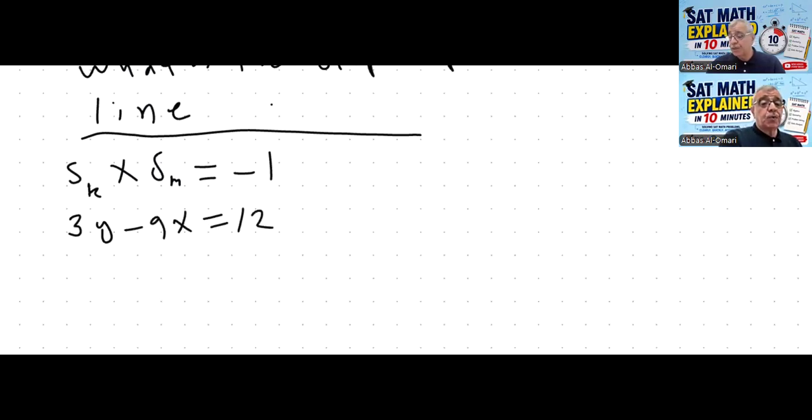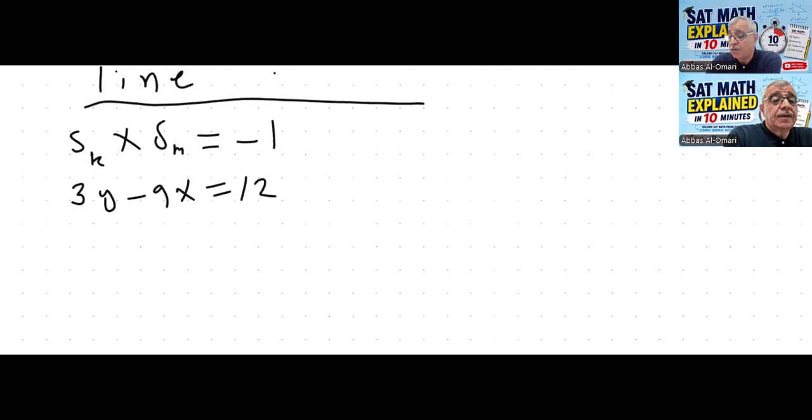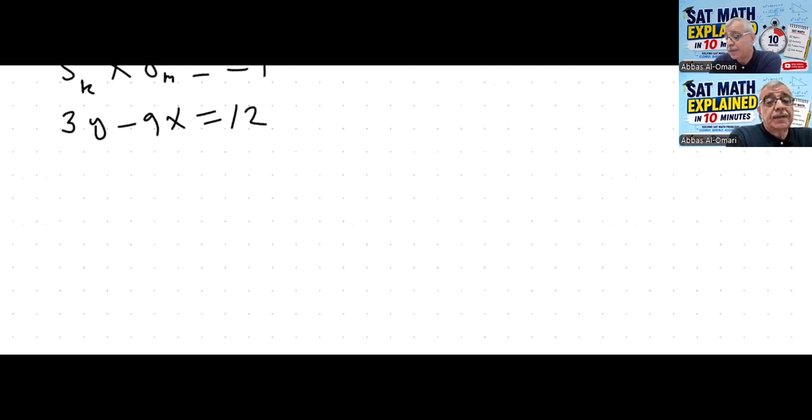I want to put this equation into the standard format of a straight line, y equals AX plus B. In this equation, A is the slope of the straight line and B is the y-intercept.